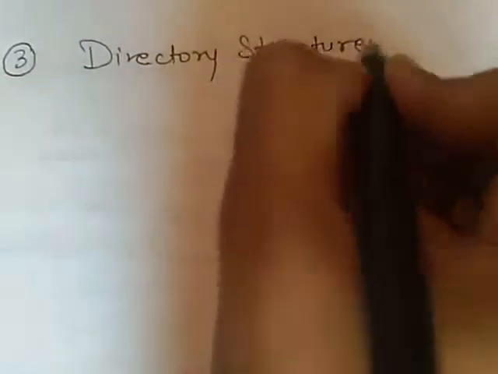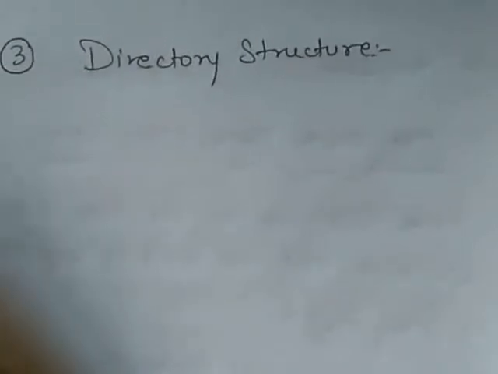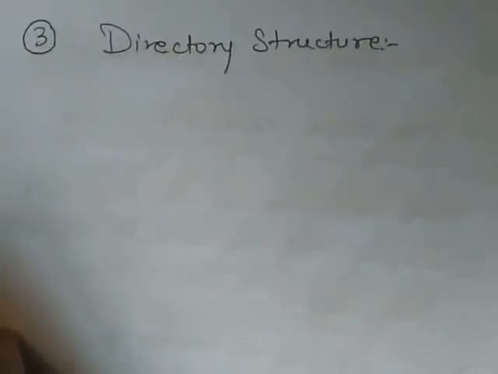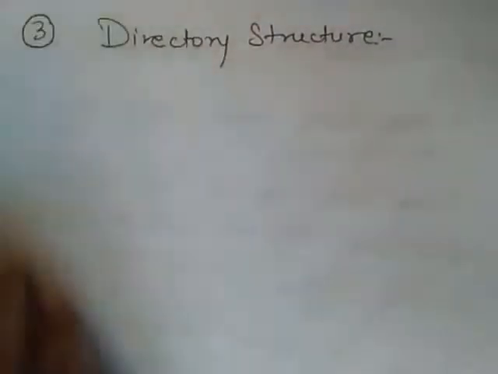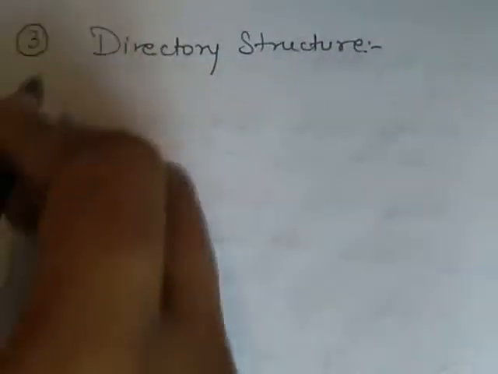Now the third type of on-disk data structure we have is directory structure. As we know, every operating system, whether it is Windows, whether it is a Mac operating system, or whether we have Unix, every operating system has some directory structure. Now what does a directory structure contain?